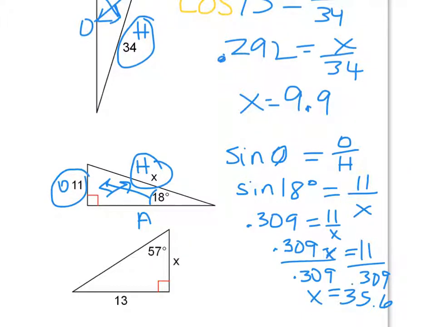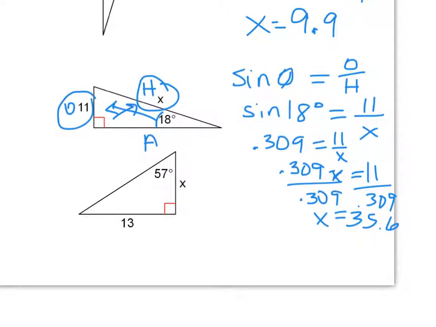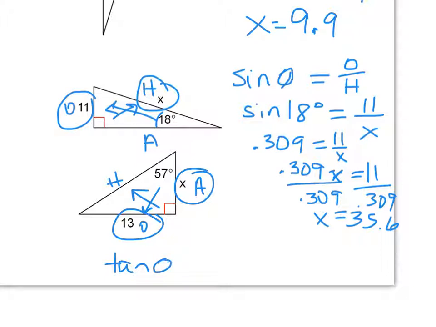Last one. First step, label HOA. So H, O, A. I have a variable at A and a number at O. So O and A is going to be tangent. So tangent of theta, my angle, equals O over A. So tangent, my angle is 57 degrees, equals my O is 13, and my A is x.